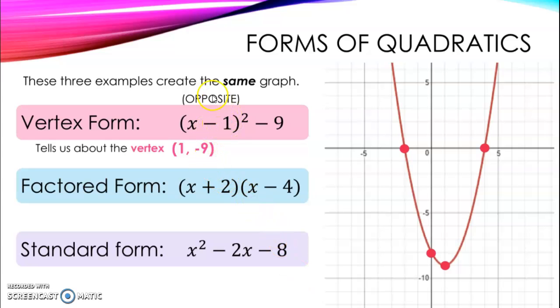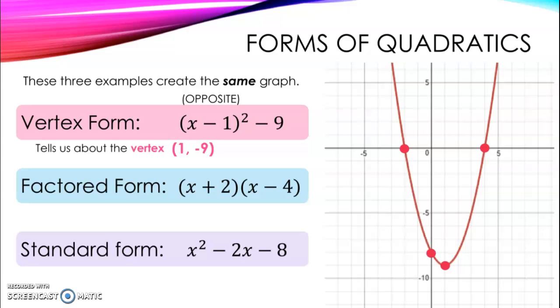And remember from previous videos that this -1 here, we actually take the opposite of it to tell us the x value of the vertex, and then the -9 tells us about the y value of the vertex. And whenever something is inside parentheses, we're going to take the opposite of it to tell us about certain points. We're going to see that with the factored form equation here as well.